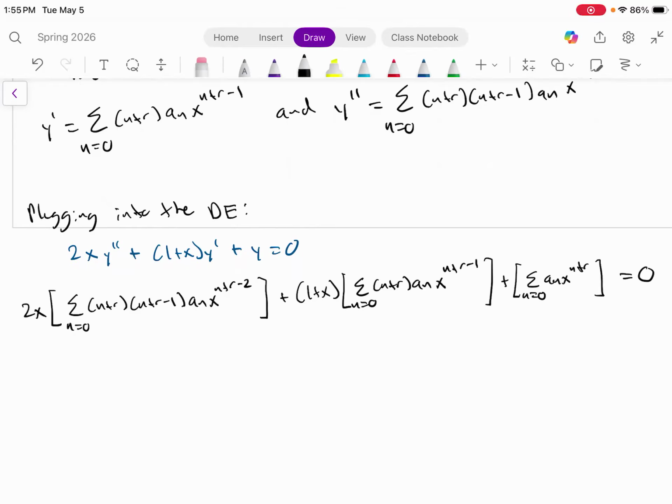This is our start, and now we need to clean it up a bit. We need to distribute in this 2x. It's going to get rid of this negative 2 here. We're going to distribute in this 1 plus x, so we're going to pick up 2 terms here, and that x would cancel out the negative 1 there.